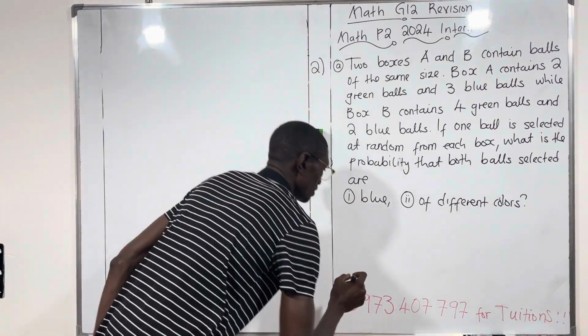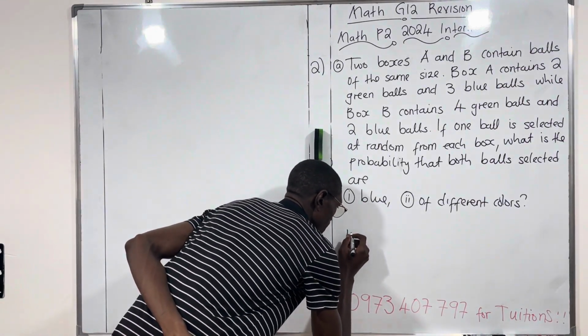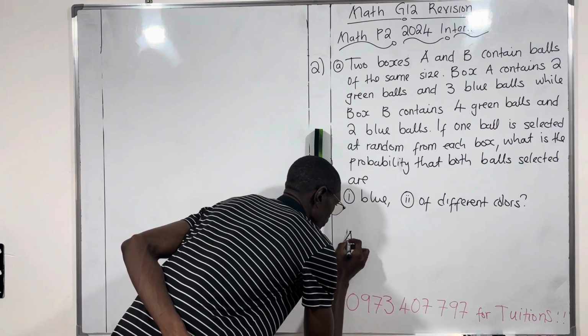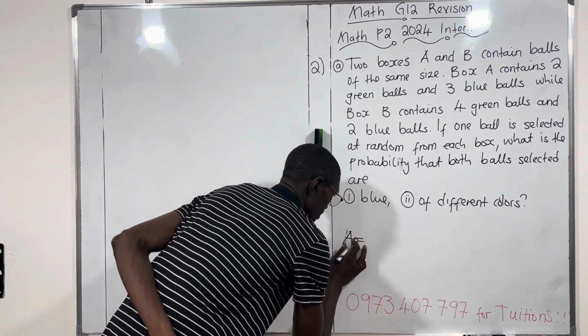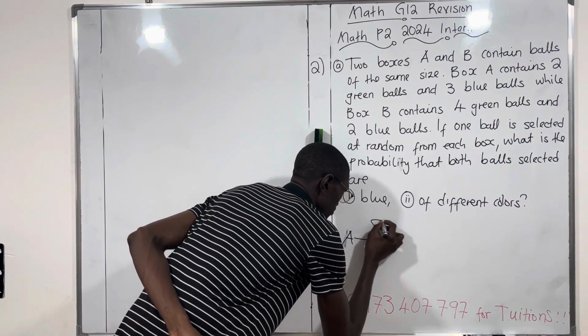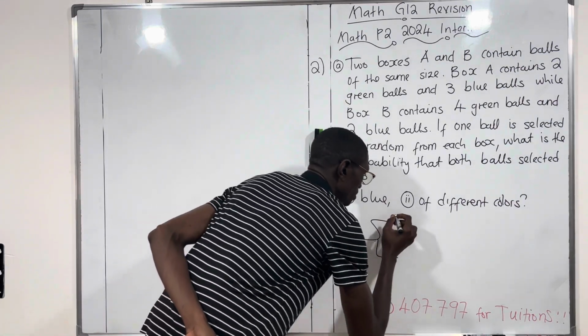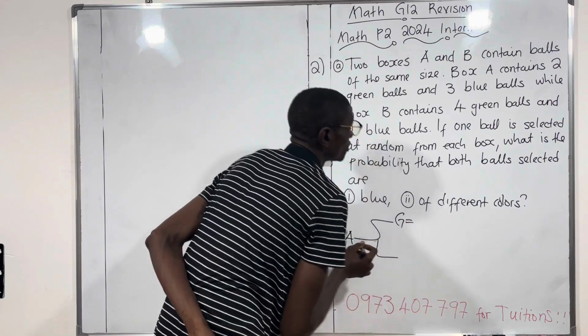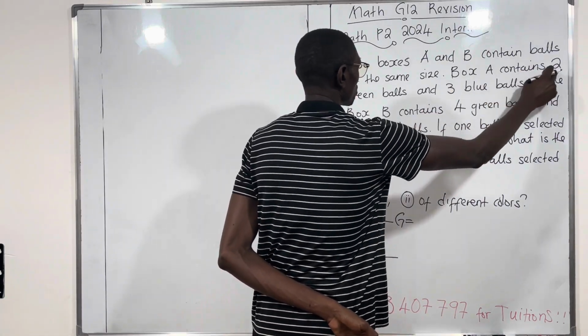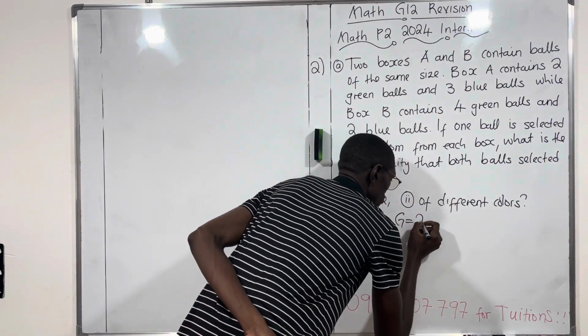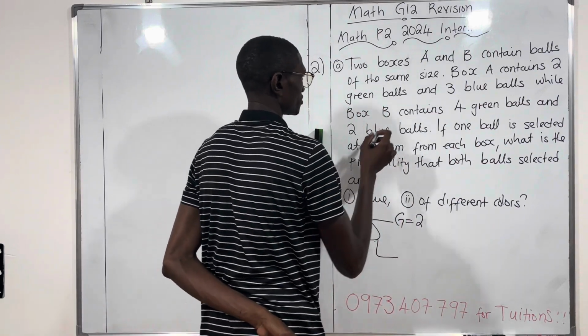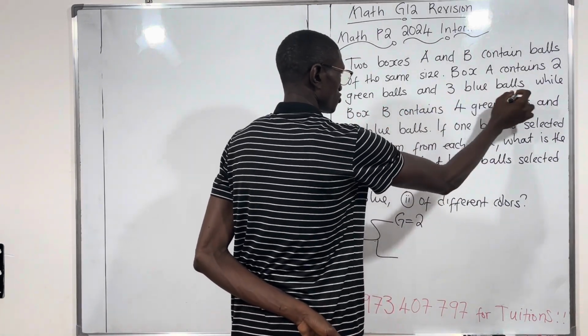So we have box A. Let's put our box A information here. Box A, how many green balls do we have in box A? Box A contains 2 green balls. So there are 2 green balls. How many blue balls do we have in box A? We have 3 blue balls.